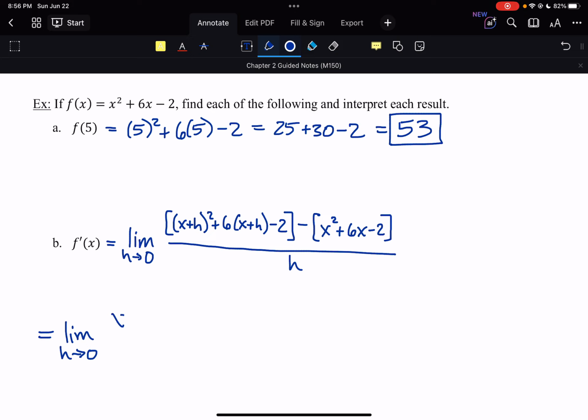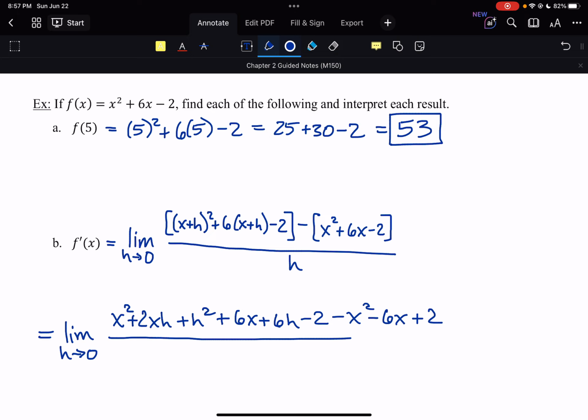So that's going to give us x squared plus 2xh plus h squared. We need to distribute the 6 as well. So again, that's another easy step to overlook, but it distributes to both. Minus the 2, and then distribute this negative to each of the terms back here. So minus 6x and plus 2, all over h.